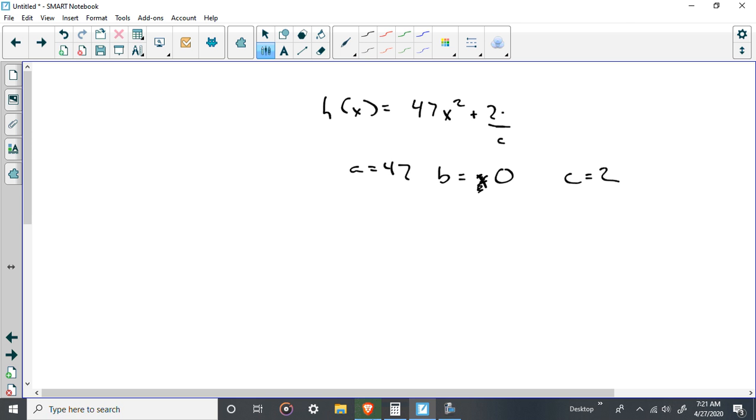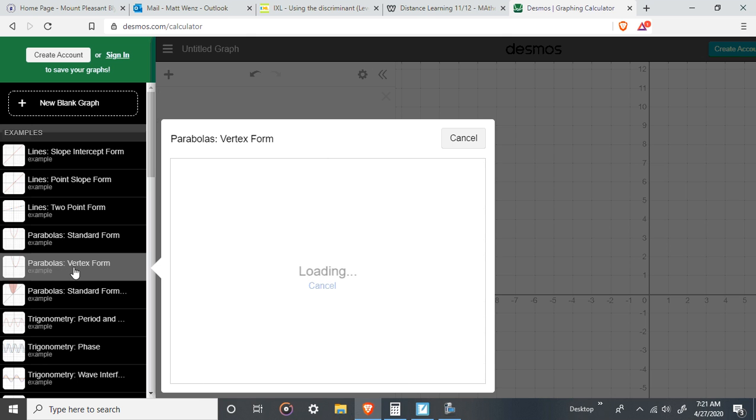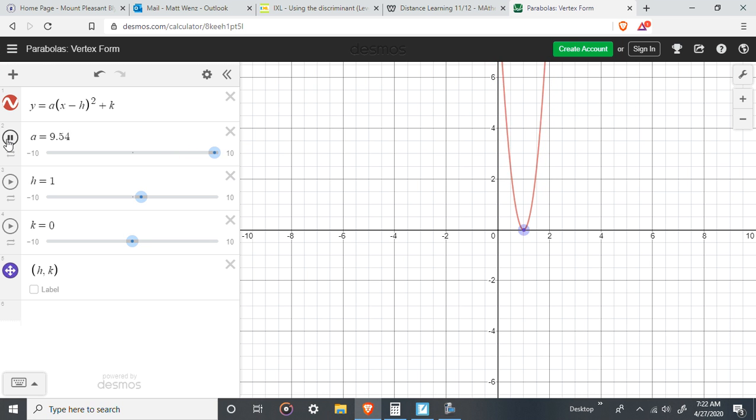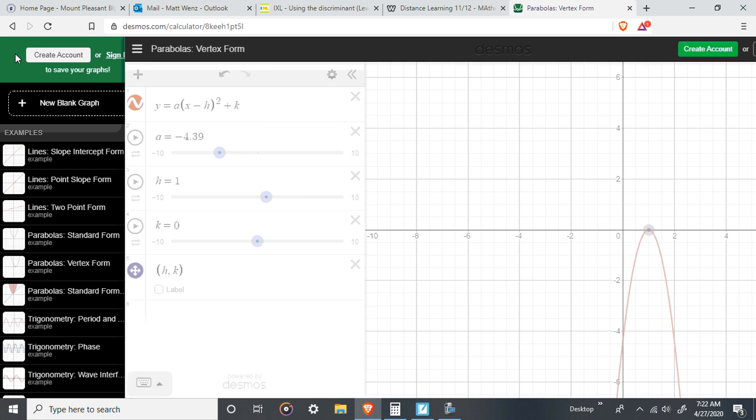All right, and these different things had different impacts on the graph, right? Not to go too far into things, but a essentially changed how steep the graph of the function was. It also changed whether it went up or down.